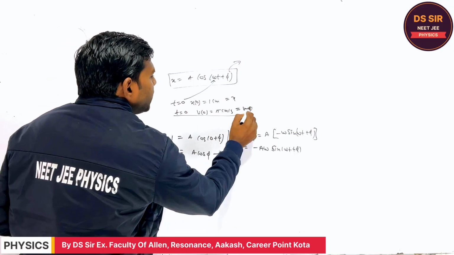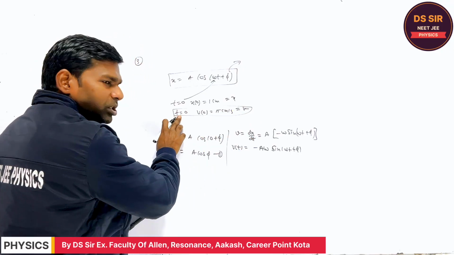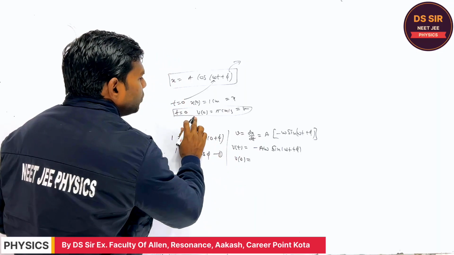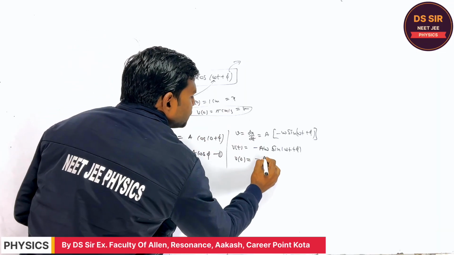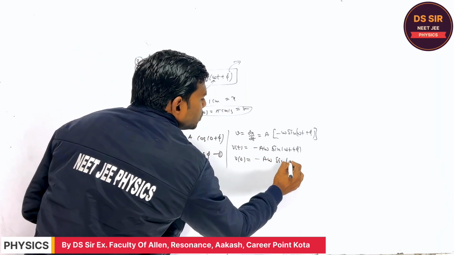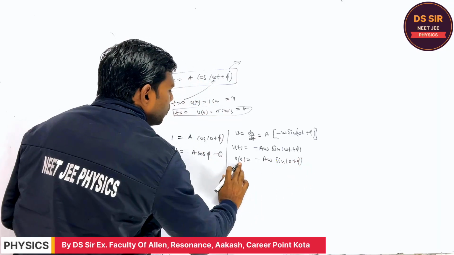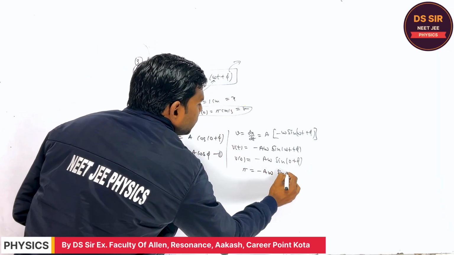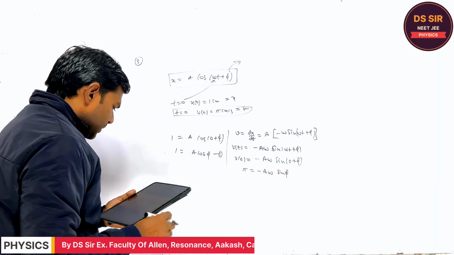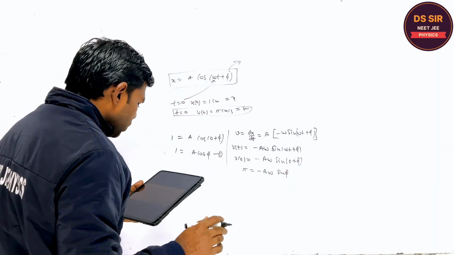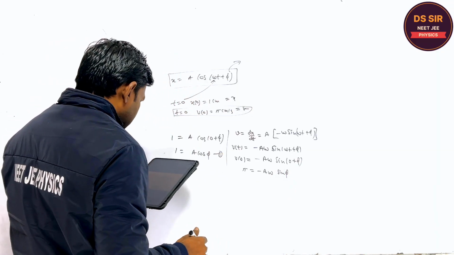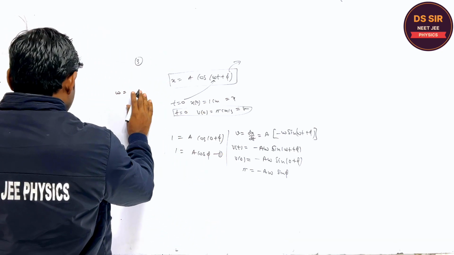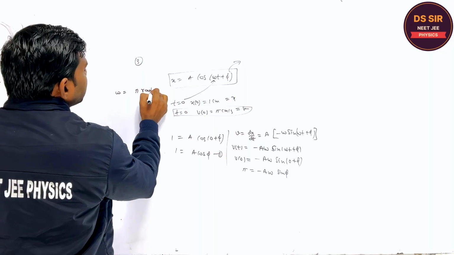But the given condition is the initial velocity, that is at t is equal to 0. If you put t is equal to 0, the velocity is sine (0 plus phi), right? What is the velocity? Say pi is equal to minus a omega sine phi. Is it clear or not? The angular frequency is given as pi radian per second.